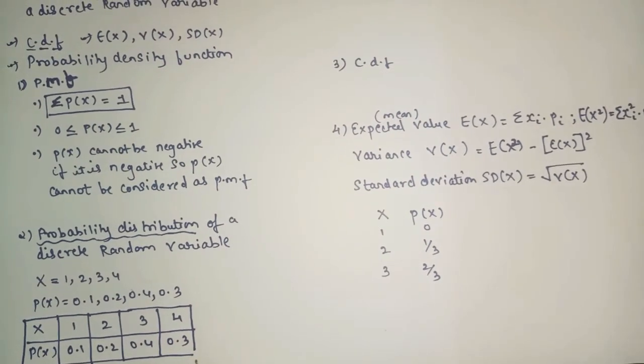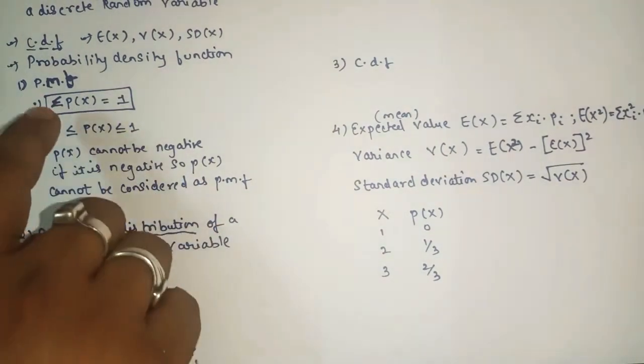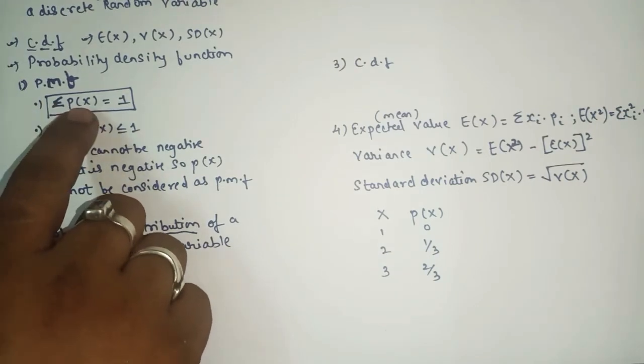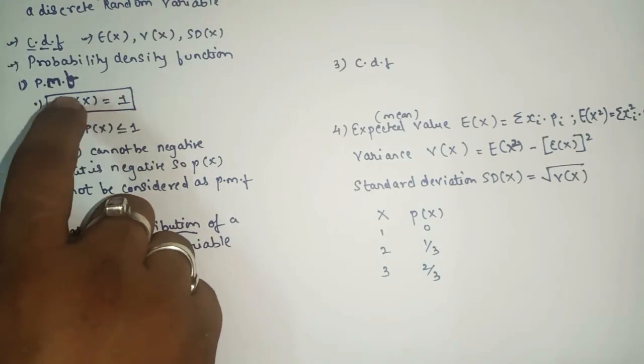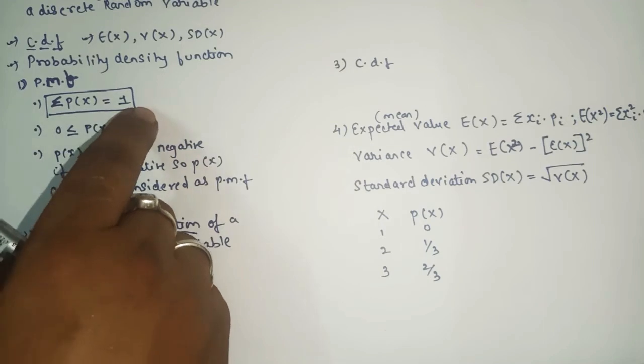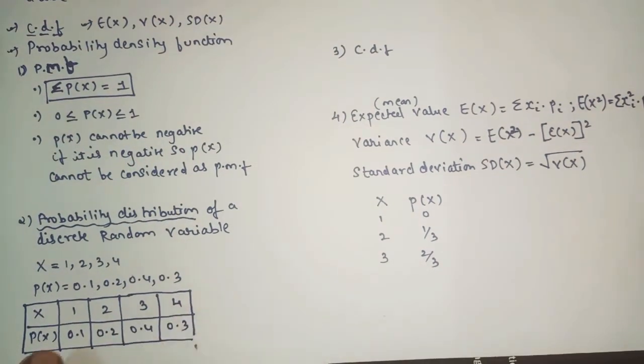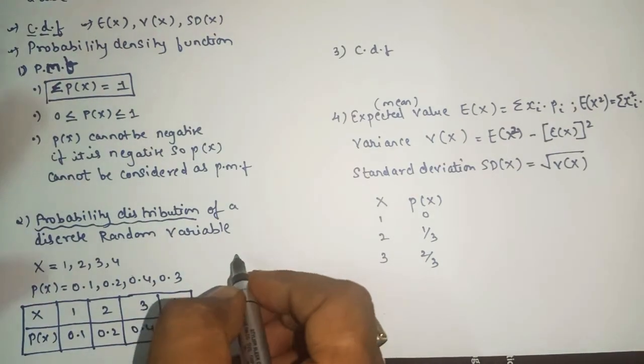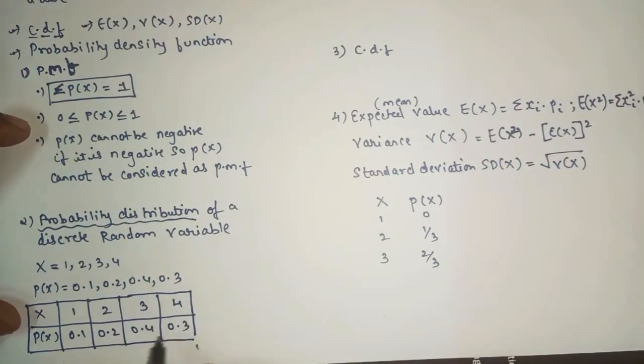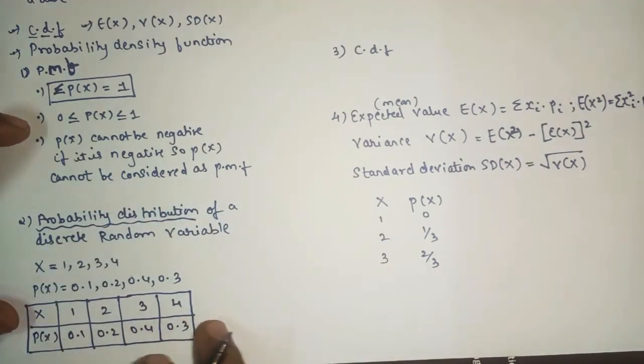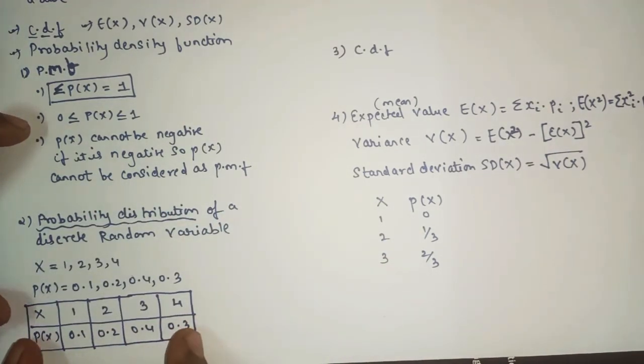So here simply you have to remember these 3 points. The point number one: the total of P of x should be equal to 1. That means as here we have the values of P of x, you have to add up these numbers and check whether it is equal to 1 or not. If it is equal to 1, yes, we can consider this as PMF.